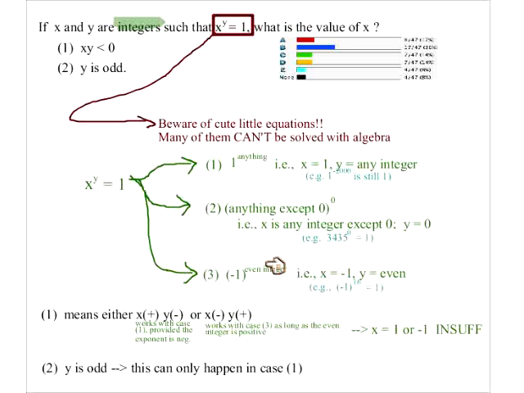And then in this case, y also has to be even. So in this possibility and this possibility, y is an even number. So y is odd rules out anything except this. So we don't know what y is, but we do know what x is. This means that x has to be 1. So that's sufficient.